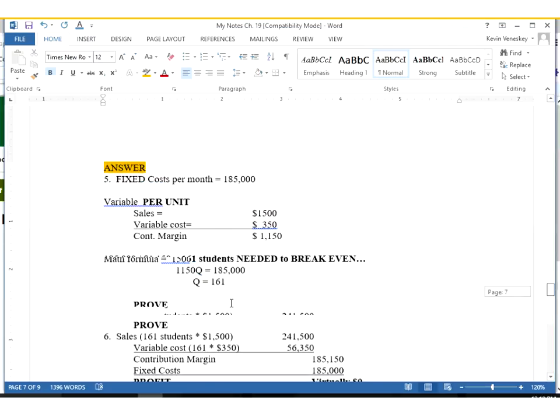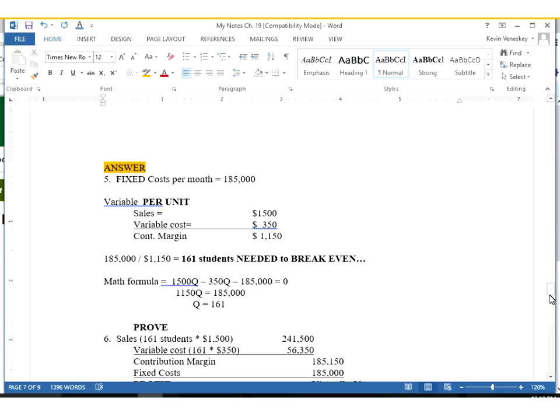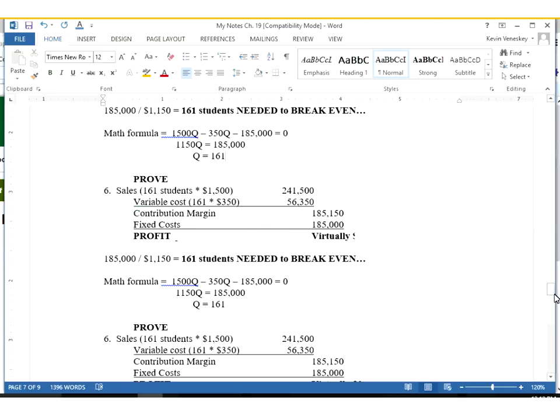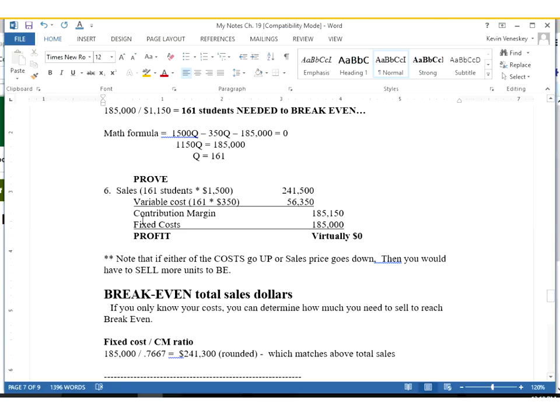Now I can also prove that, which I like to be able to see, just by throwing out 161. How do I know that's really accurate? Well, let's see. Sales minus variable cost minus fixed cost better give us a profit of pretty much nothing. So sales, if I have 161 students at $1,500, I'm bringing in $241,500 in sales.